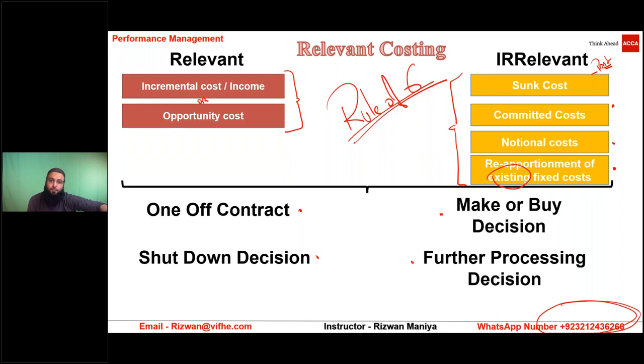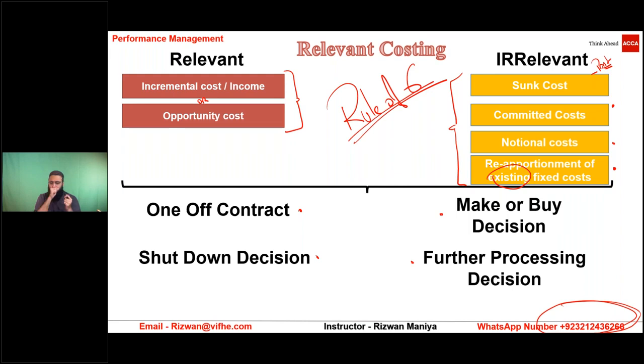But that fixed cost was one that you will incur anyway. So if you have a fixed cost that you have to incur, and you just reapportion it to some product or service, that is not relevant for that product, service, or decision.